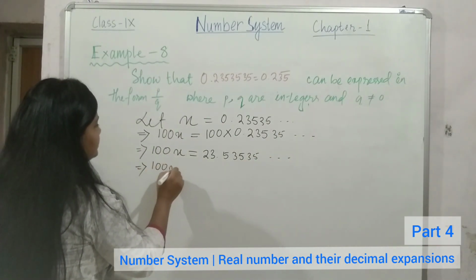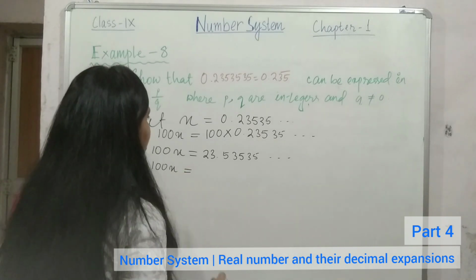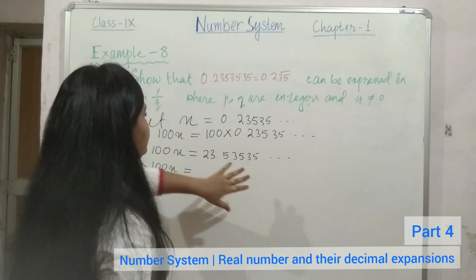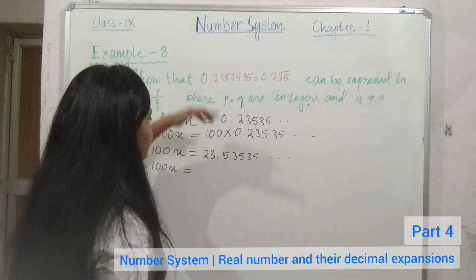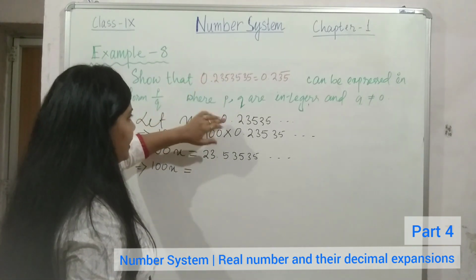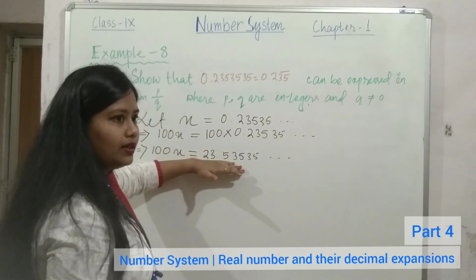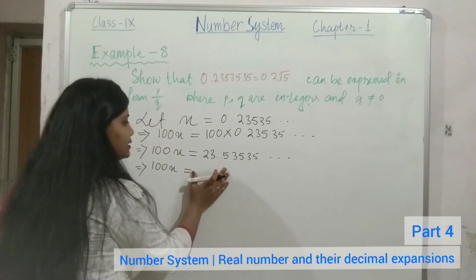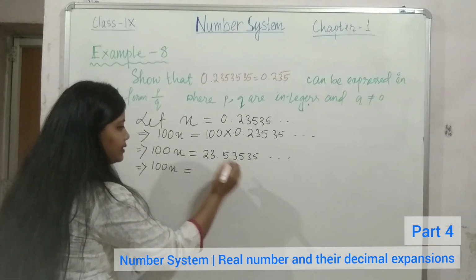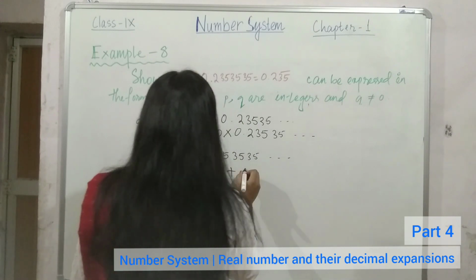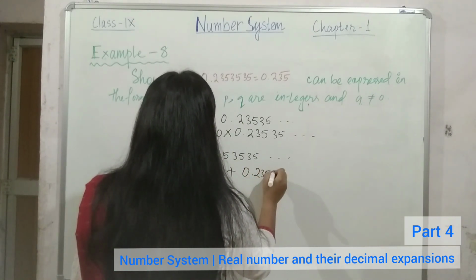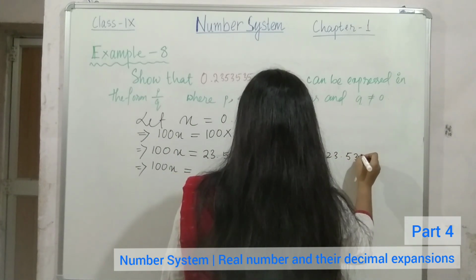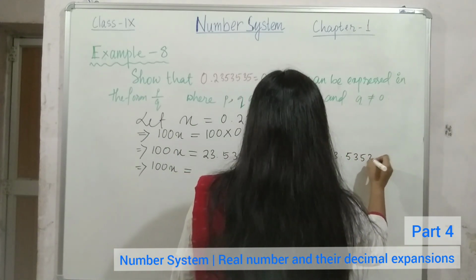Then 100x is equal to this, and I need to get this number with x. So I will subtract x from this number, and that subtraction will be written here, x equals 0.23535..., and let's subtract this.